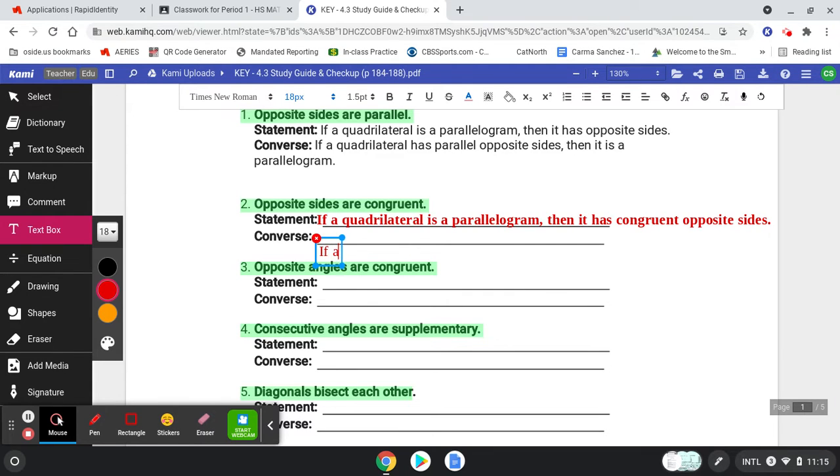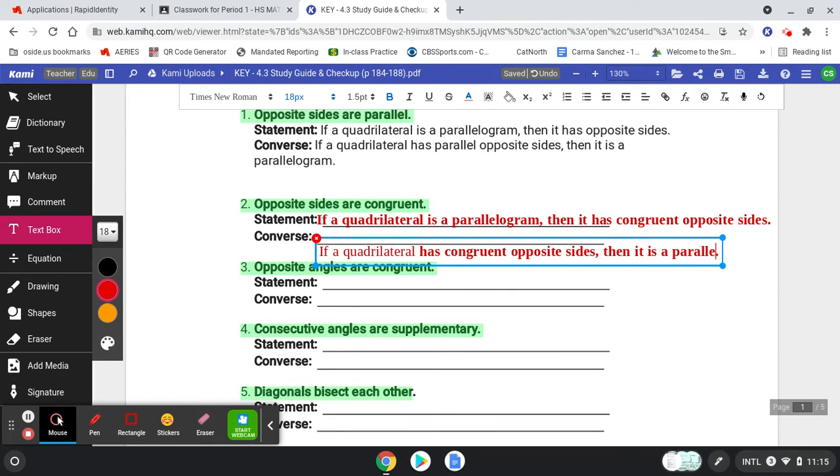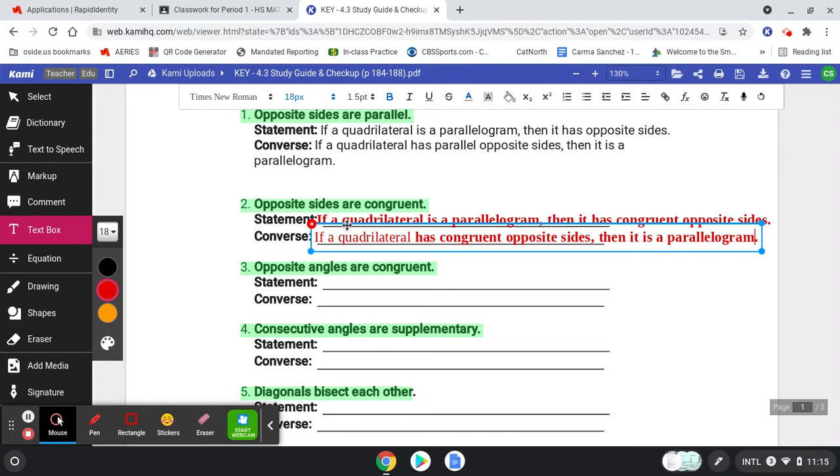If a quadrilateral has congruent opposite sides, then it is a parallelogram. So it's basically reversing the statement above, and that's how we get to a converse statement. It's basically reversing the if-then statement from the beginning.